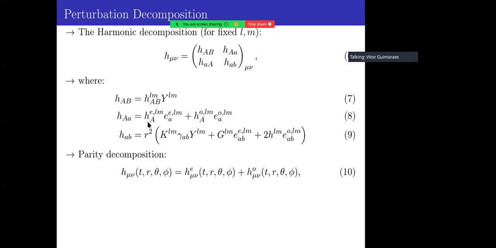Since we have, a priori, a function that is dependent on t, r, theta, and phi, to do this separation we use the basis of the manifold S2. This is why we separate them, so we can use these spherical tensors as basis, and we can separate them easily later.